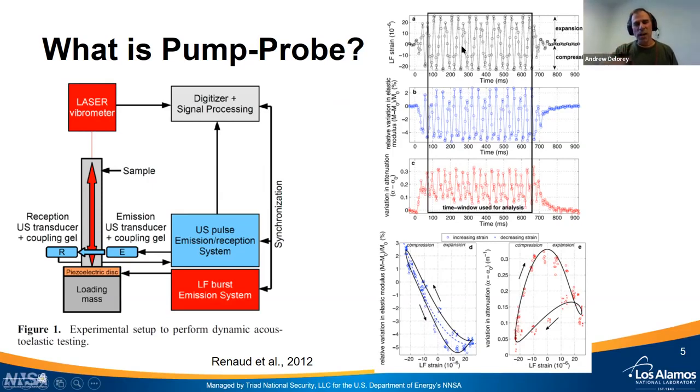And so the strain is a continuous pump, but in this example, it's only being measured every so many time steps. But at the time steps, we're measuring both the strain and also the travel time, shown here as the change in the elastic modulus. And they also are measuring attenuation here, which I'm not going to talk much about, but that's another measurement you can get out of these experiments.